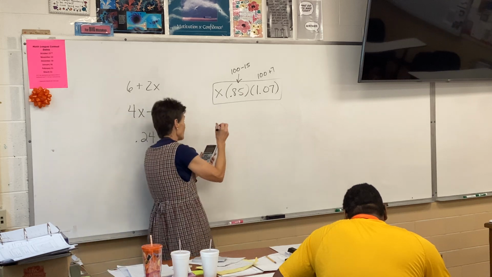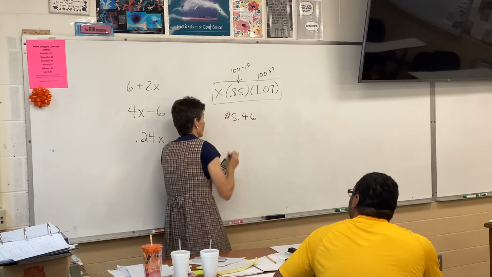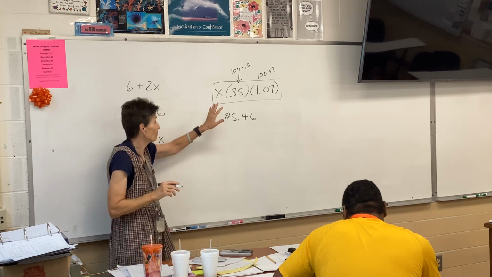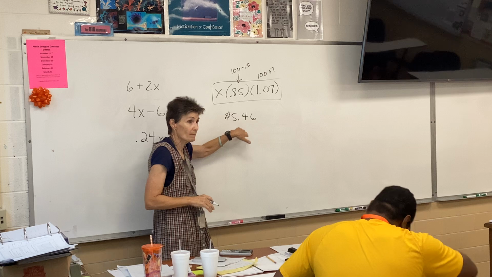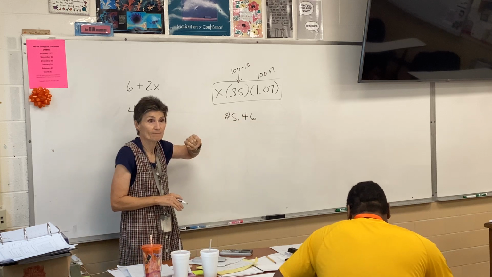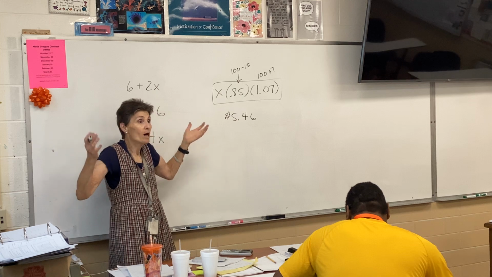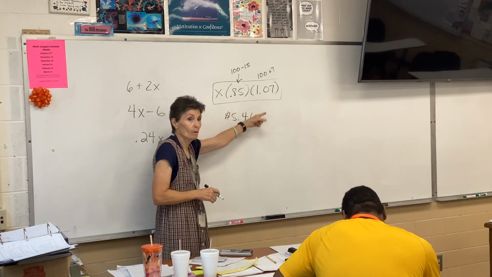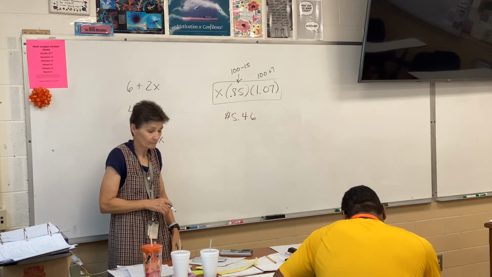And it says I'm going to pay $5.46 for my jumper. Now, I made up the $6 number, that wasn't in there. If it were a $100 jacket, it would be $100 times 0.85 times 1.07, and that would give me my cost.